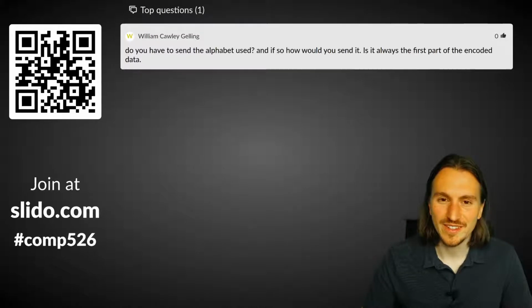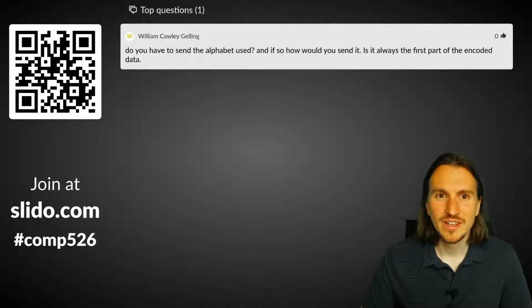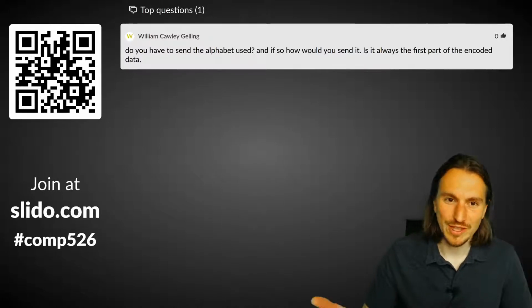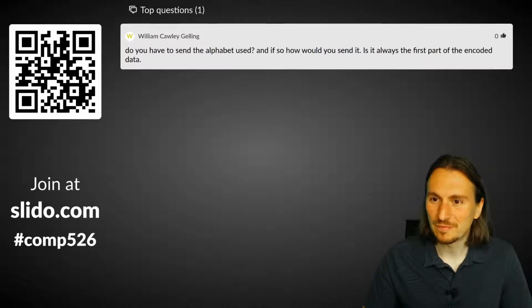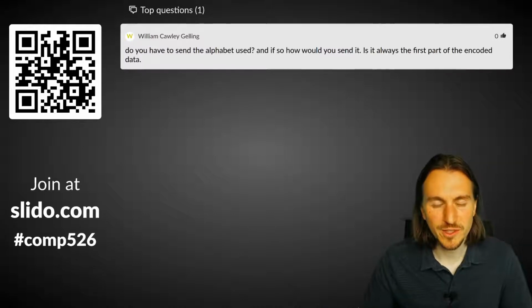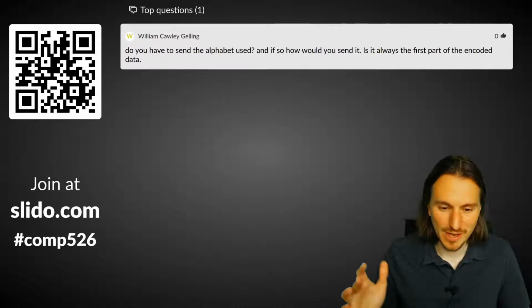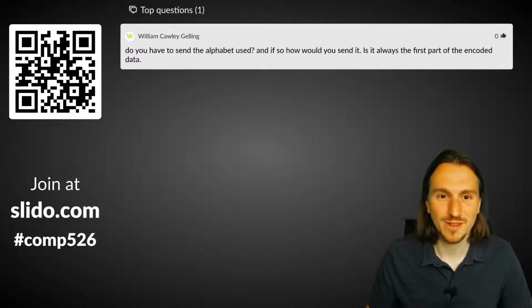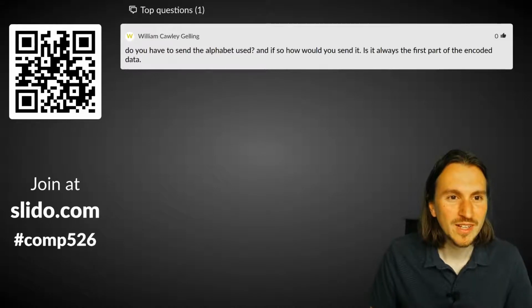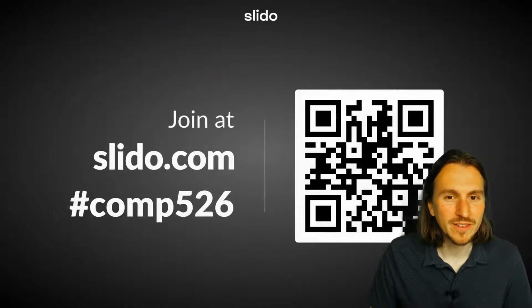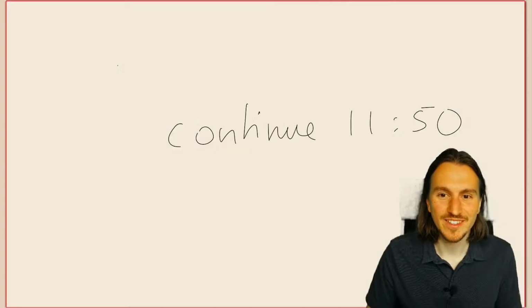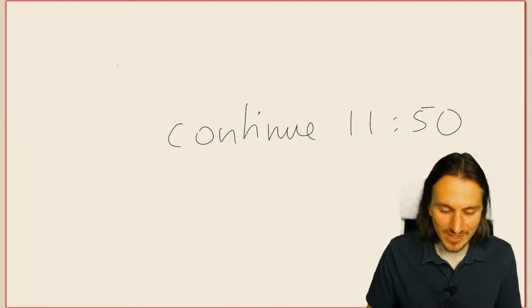But this, for a very long text, is still more efficient. And it is more general because you get the frequencies alongside with it. So it's a good question. In general, you have to make sure the alphabet is understood on both sides. I think that's the short answer. And that can mean you decide it's a shared thing, or it can mean you actually transmit it explicitly. Depending on the application, one or the other might make more sense.